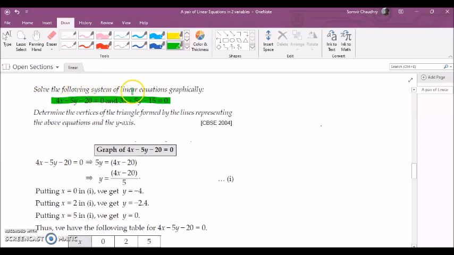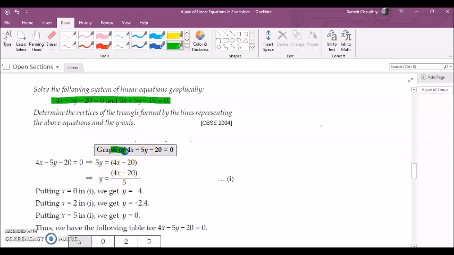Solve the following system of linear equations graphically. Determine the vertices of the triangle formed by the lines representing the above equations and the y-axis. So first of all, we are going to represent these lines in the graph, and then we will find the solution. How? We will take the first equation.